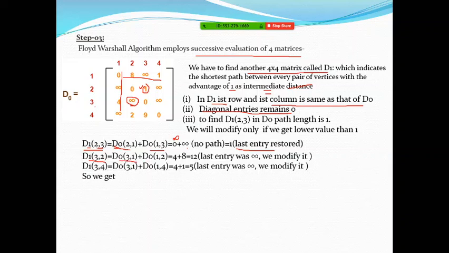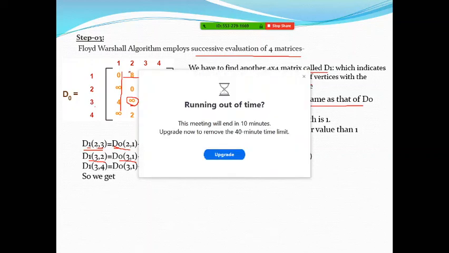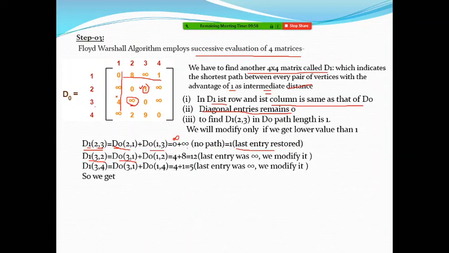So D naught 3 to 1: this side it is 3 and it is 1. So 3 to 1 we have 4, and we can take 4. And then from 1 to 2 it is 8. Yes, we are getting a non-infinite number, so we can modify. We will replace this value by 12.